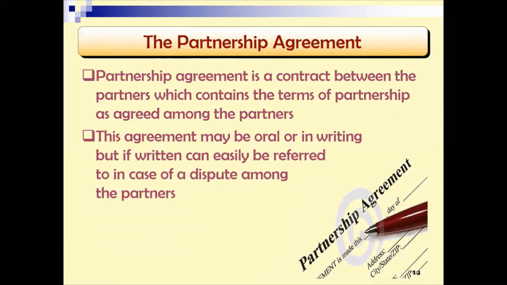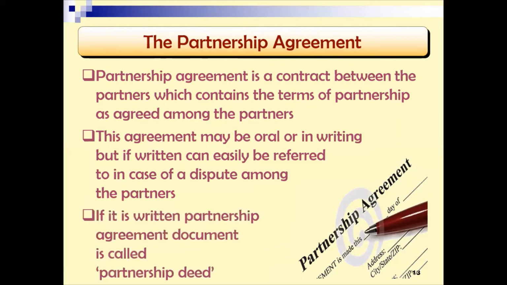In a situation where it is written, partners will sign it and it binds them. And this can easily be referred to in case of a dispute among the partners. In that case, they refer to the agreement they made, which even the courts of law can refer to. If the partnership agreement is written, the document is known as a partnership deed.